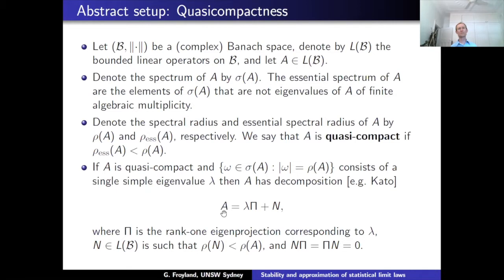In that case, you can write A in this eigen decomposition: lambda, the top eigenvalue, times pi, some rank 1 eigenprojection onto the corresponding eigenspace, and then you just have the rest. So we're just peeling off the top eigenspace.